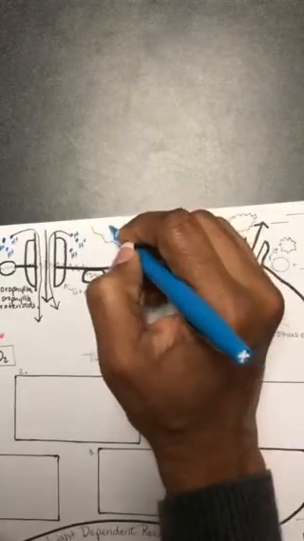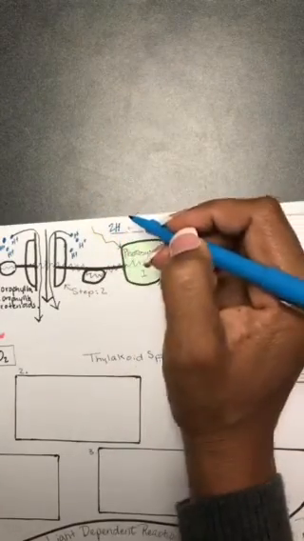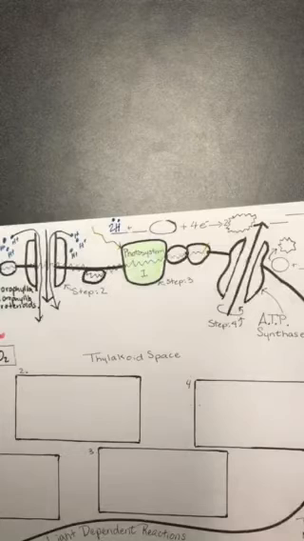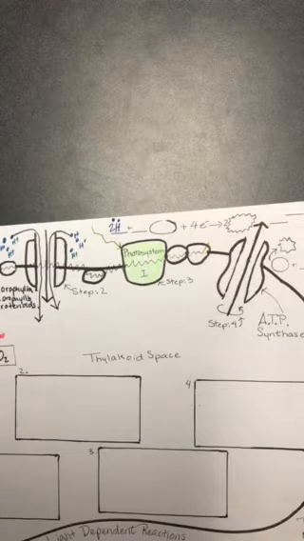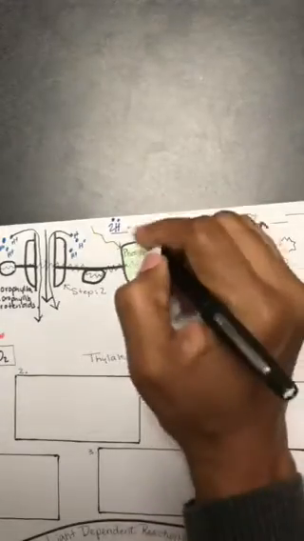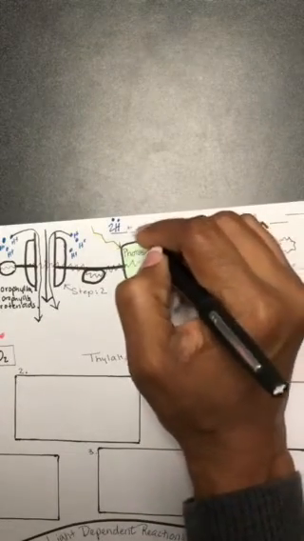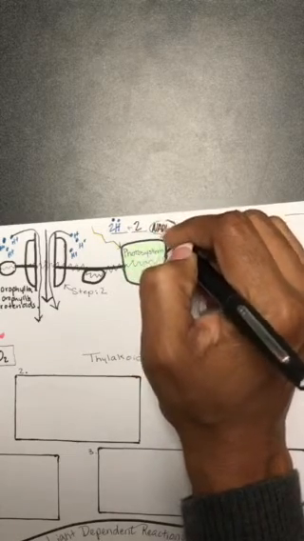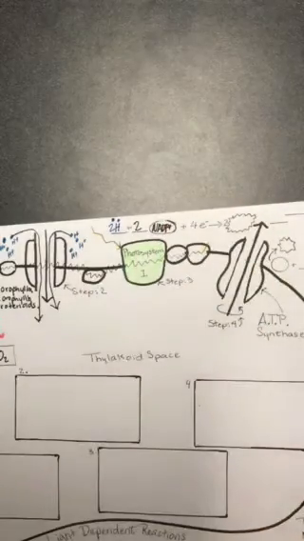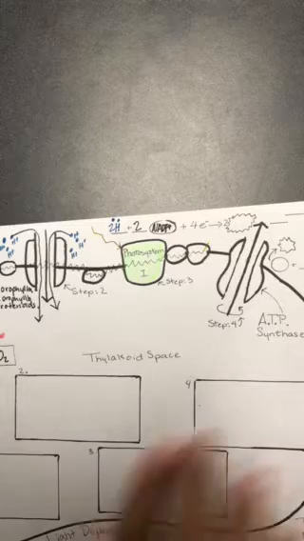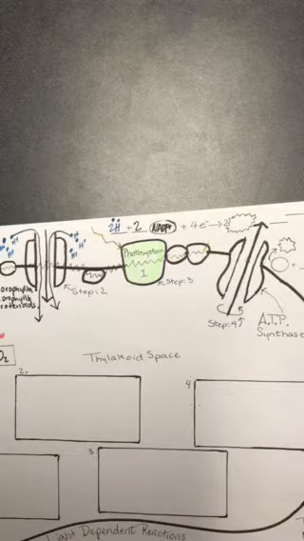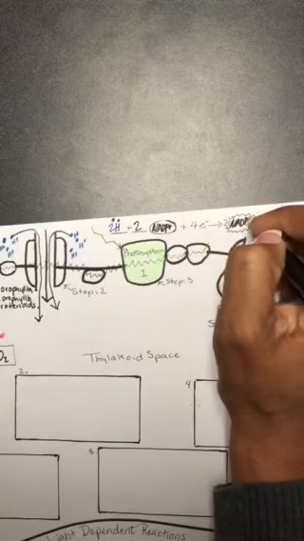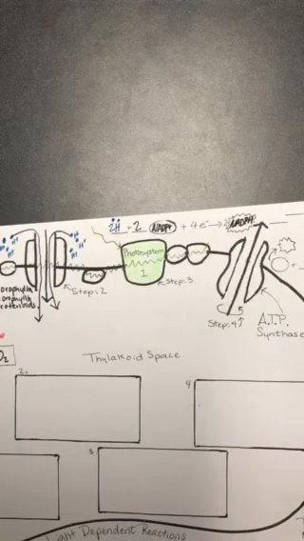So 2 protons, along with 2 NADP pluses, are fused together to produce 2 NADPHs. So that's your electron carrier.